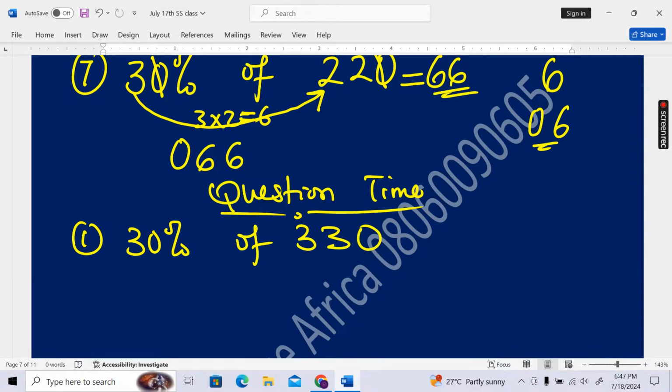For this question, you will have 5 marks. Type your answer in the comment section. What is 30% of 330?